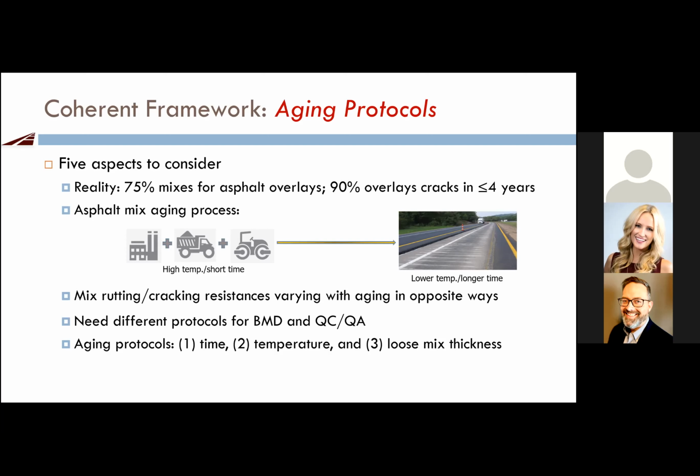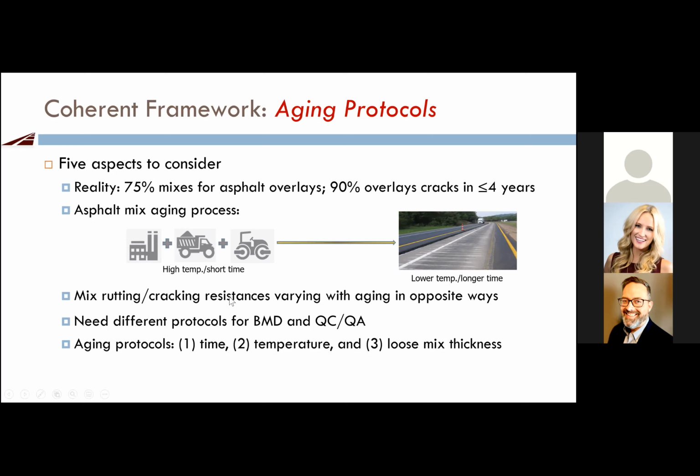Again, when we talk about the aging protocol, we also talk about the 5 aspects here. The number one is a reality thing. We need to check: every year we talk about millions of tons of mix in each state. Where is all this mix used? I did some literature search.